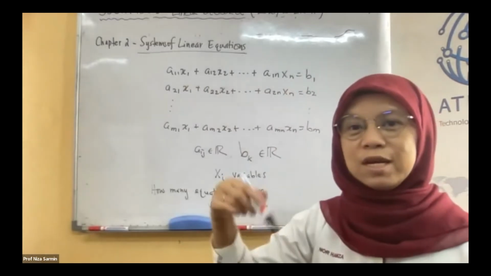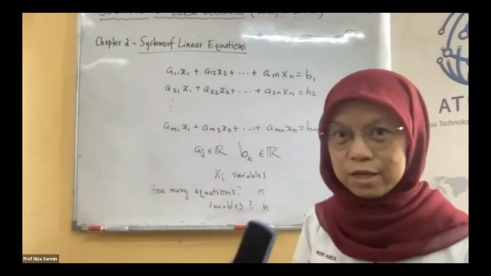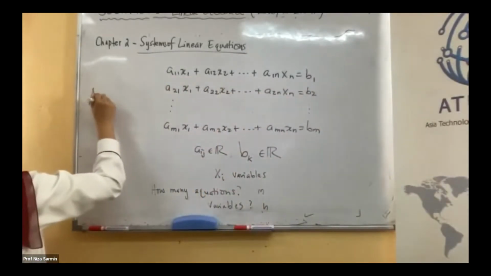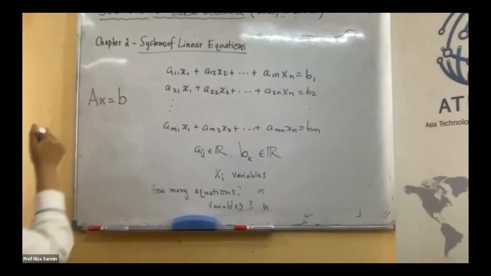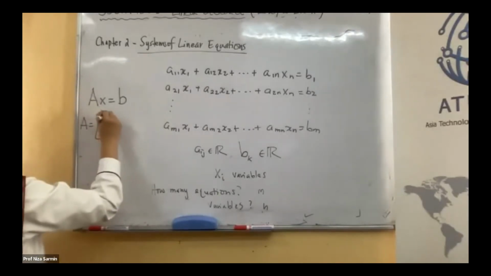And then we create a matrix. Okay, from this we can create a matrix. And we can write AX is B, in which A is this matrix.